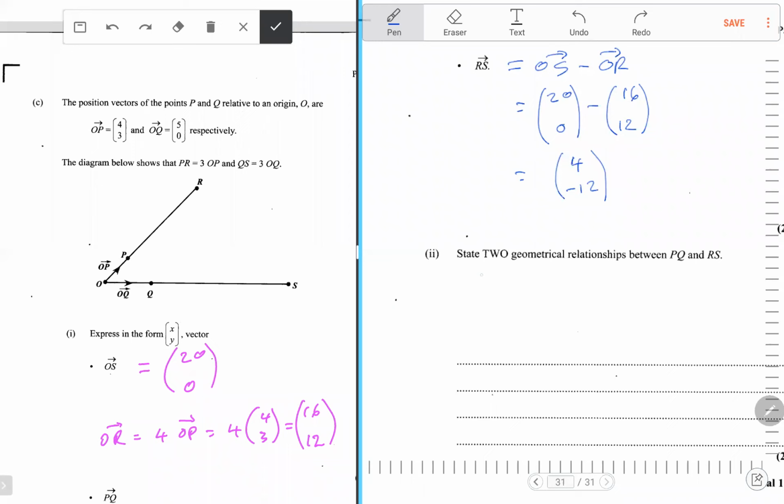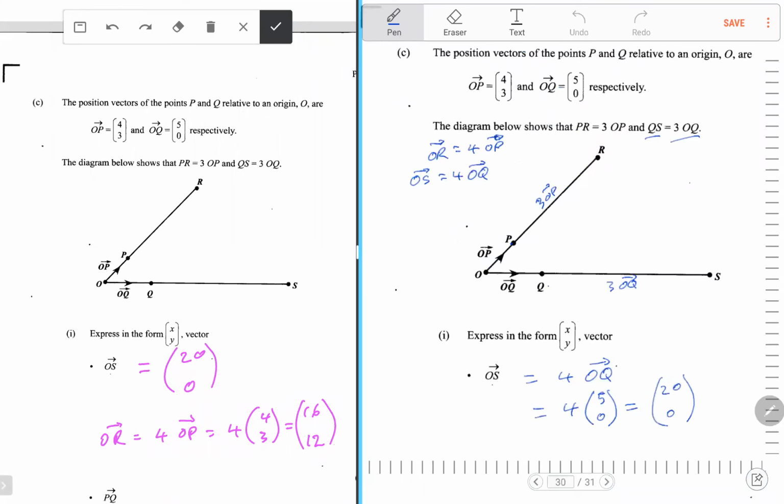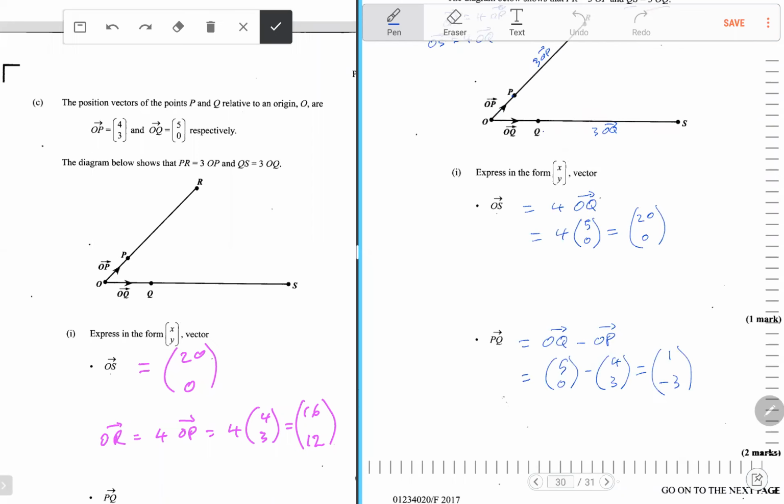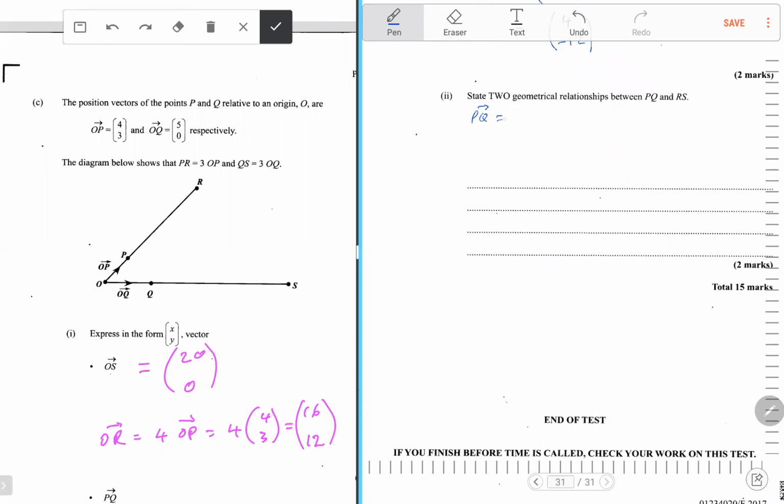PQ was 1, -3, and RS is 4, -12. So you can see that this one equals 4 times this one. The RS is bigger by 4.